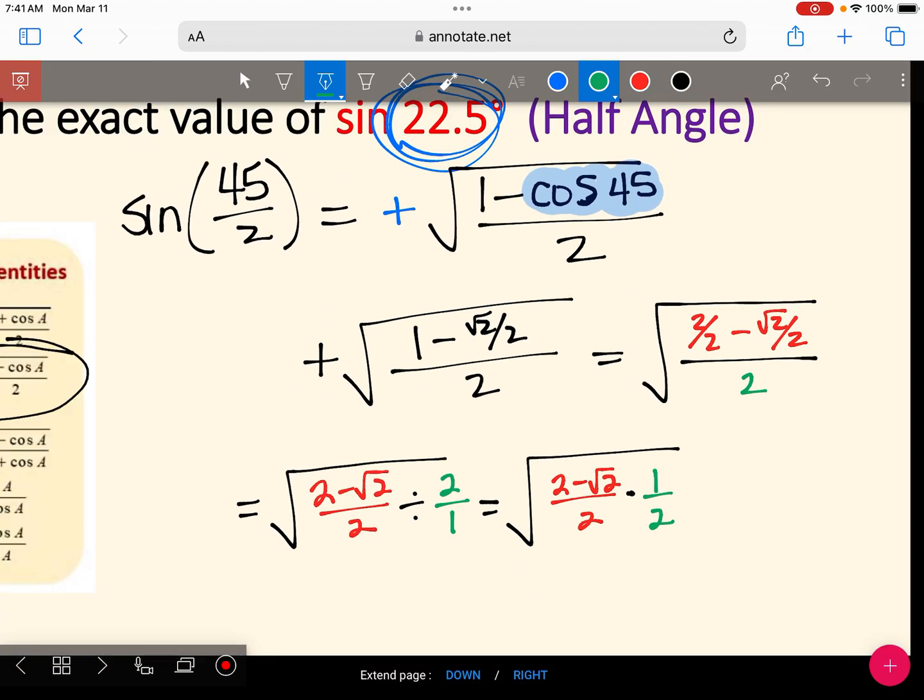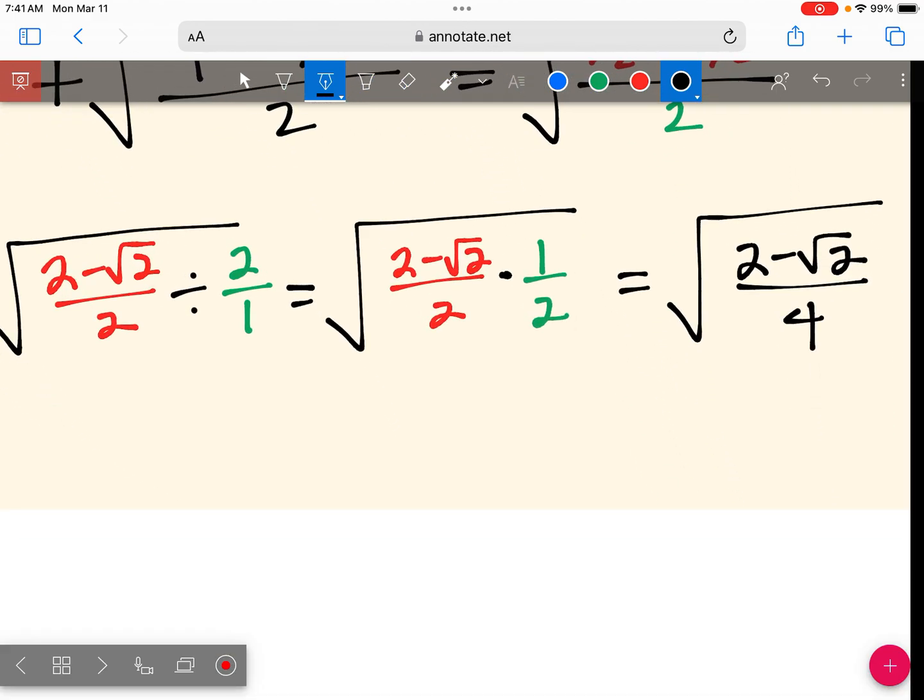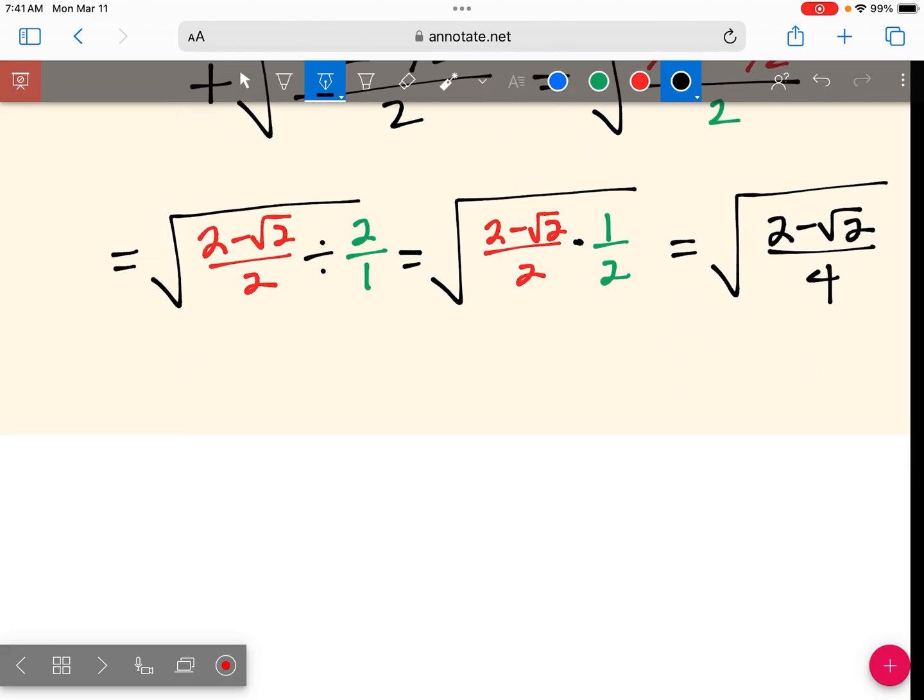And then we go straight across, which is going to give me 2 minus root 2 all over 4. Let me zoom in and bring this up a little bit so we can all see. I'm just showing all the steps because this is our first time doing a half angle.